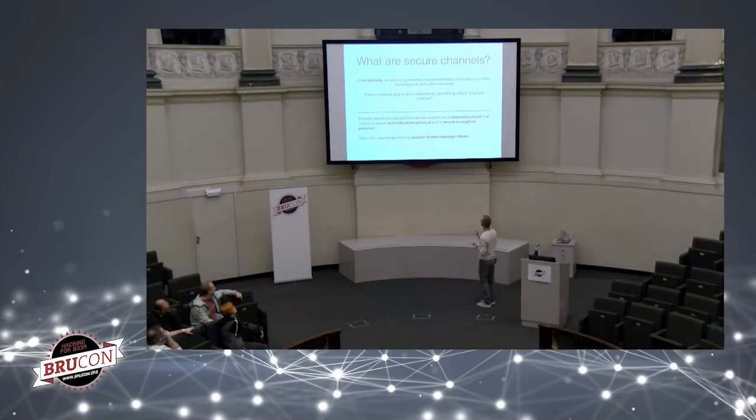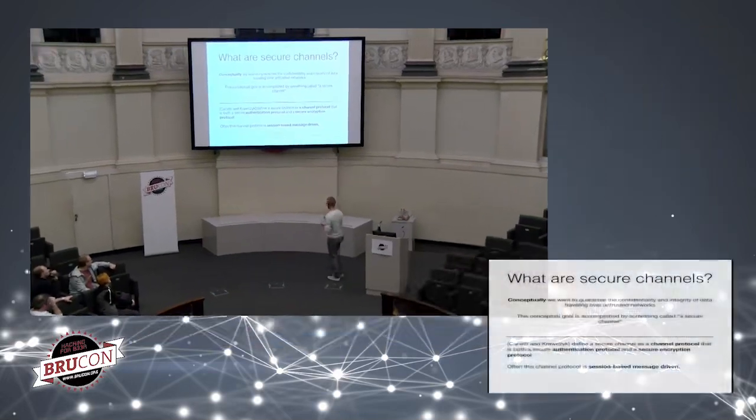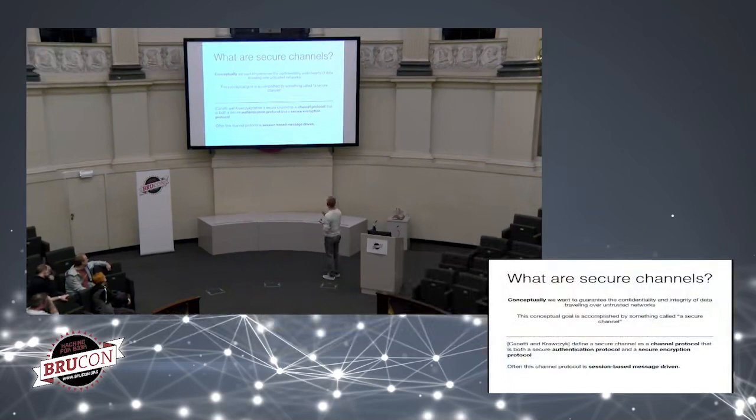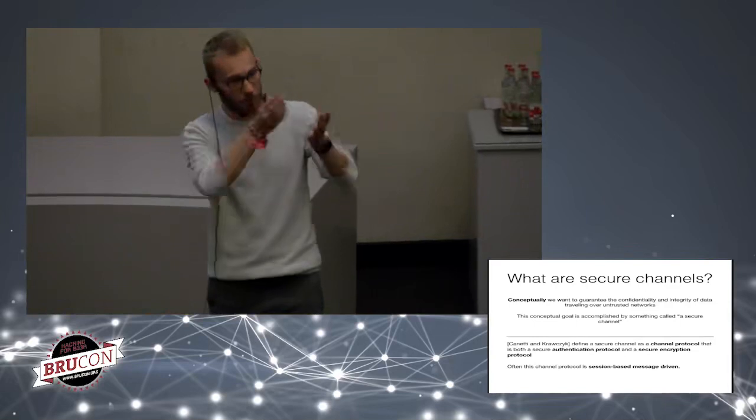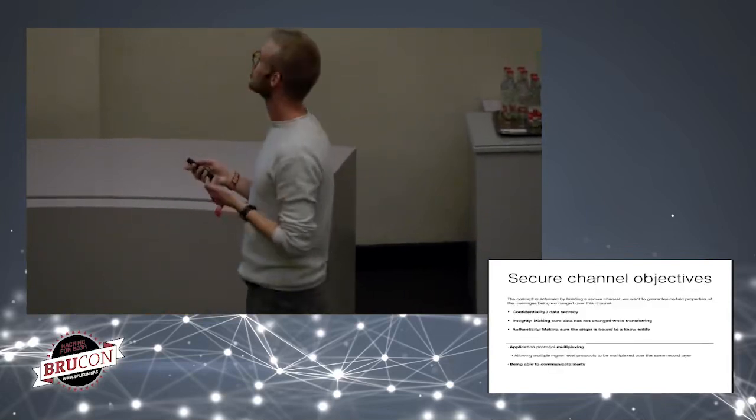That's one, and secondly, we want to make sure that the data that we are sending over this specific channel implementing this secure encryption protocol also provides encryption, so that no one who is not allowed to see the information being exchanged can read it. And very often you will see that this construction, this channel, is done via messages. As in, we have two parties, party A and party B, and they will both exchange messages.